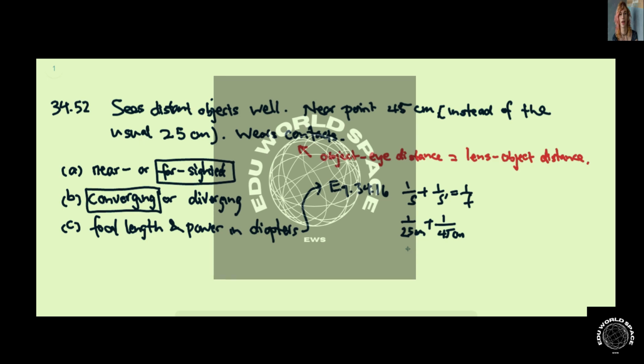Essentially, the object distance is set to the usual near point, and the virtual image distance, I should put a negative sign there because it's a virtual image, is at the actual near point of this eye. And that is equal to 1 over the focal length, which we need to find, sorry.